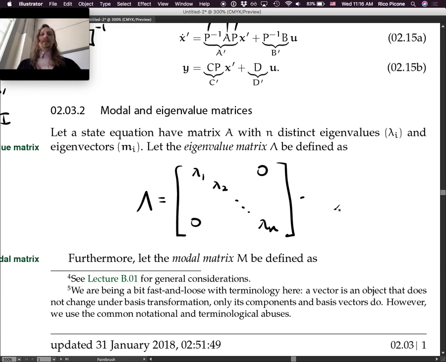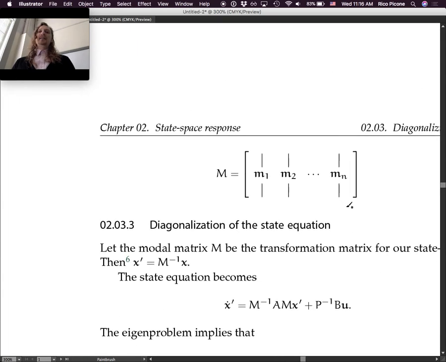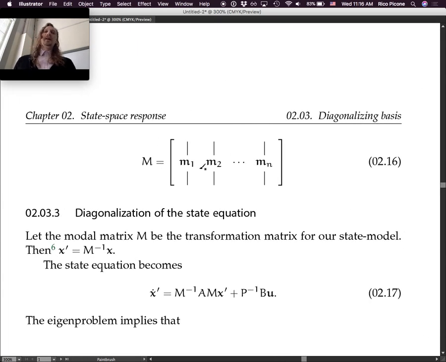So the eigenvalue matrix. Furthermore, the modal matrix M, let it be defined as a matrix composed of all the eigenvectors. This is kind of a strange notation if you haven't seen it. It's meant to be helpful, but if it's confusing, don't worry about it. These bars here are just meant to recognize that m1, m2, etc., all these eigenvectors, are column vectors. So what we're doing is creating a matrix out of a bunch of column vectors.